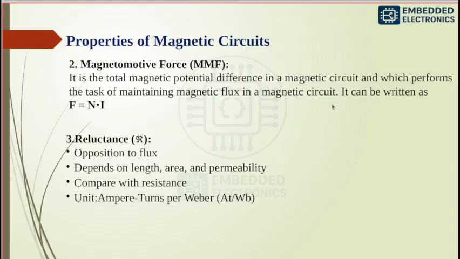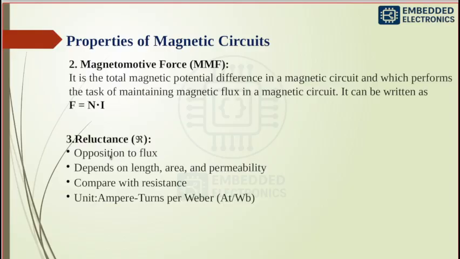The formula for magnetomotive force is given by F equals N dot I. F is the magnetomotive force. The unit of F is ampere turns, AT. N is the number of turns of the coil. And I is the current flowing through the coil in amperes.